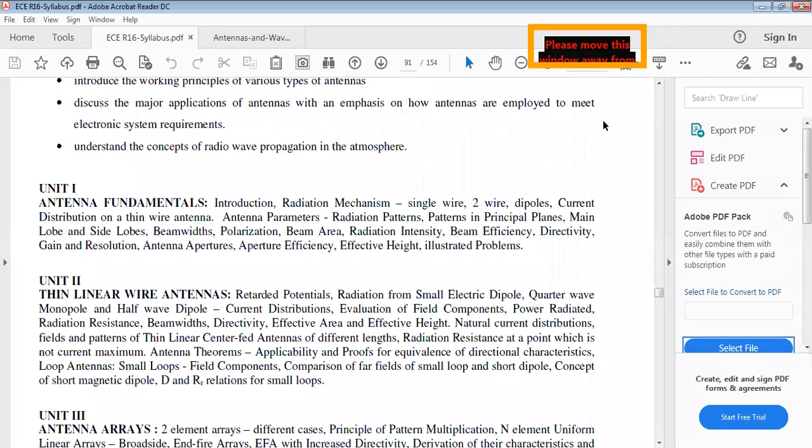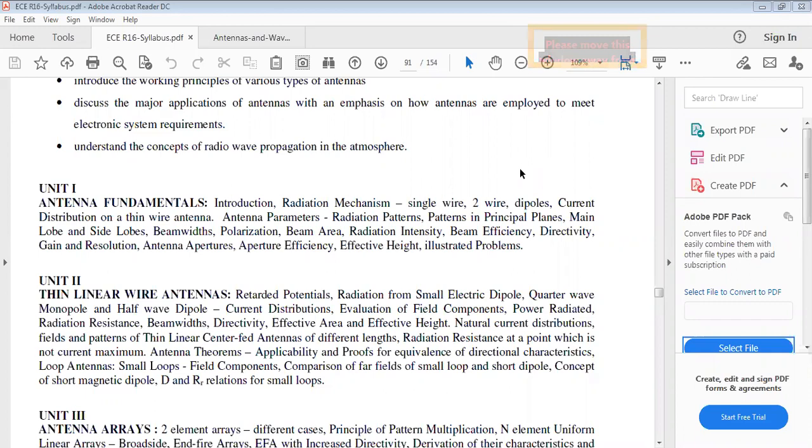Radiated power, radiation resistance, beam area, antenna efficiency, beam efficiency, effective height. All those are parameters of the antenna, especially from the second unit, and the second unit is designed to learn how to derive those parameters.